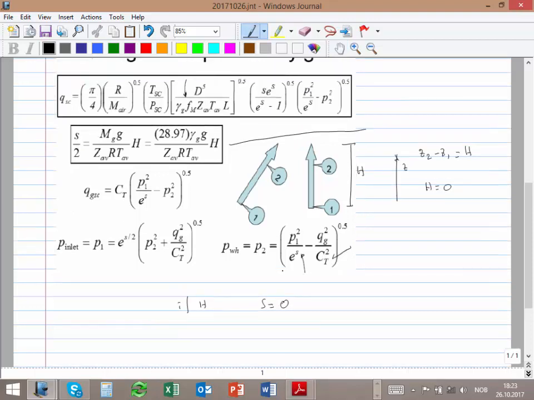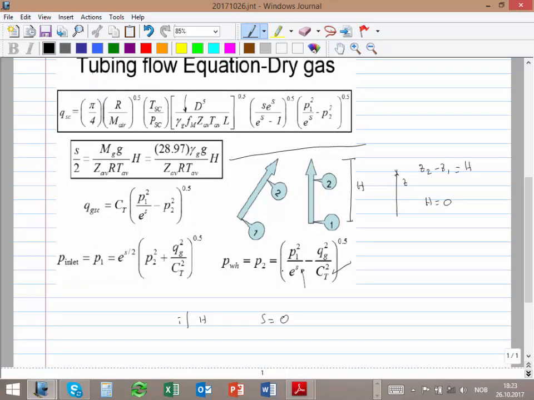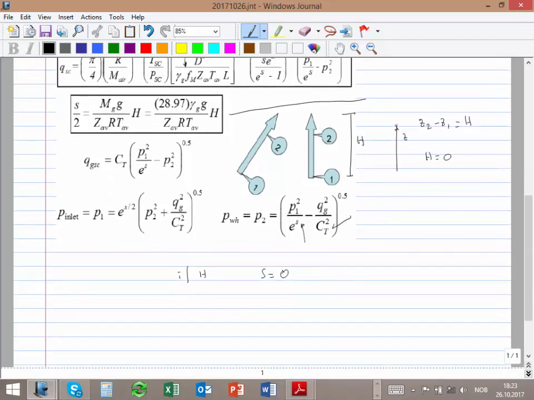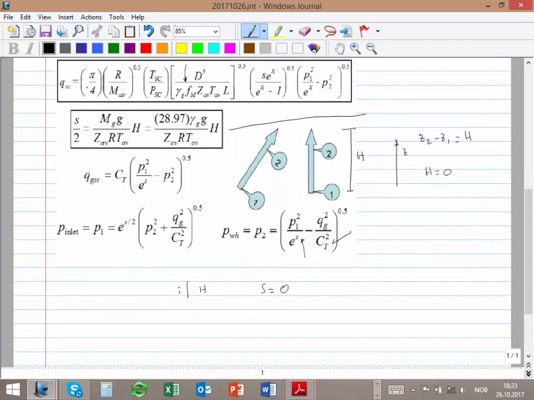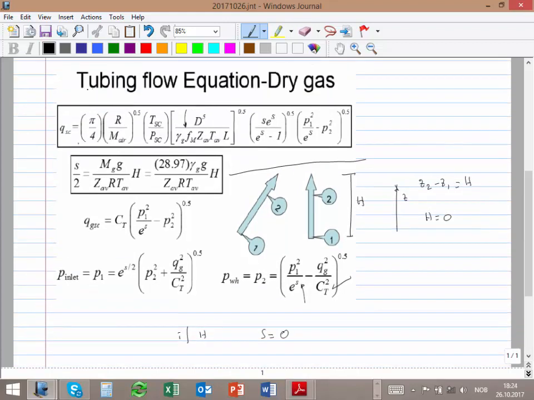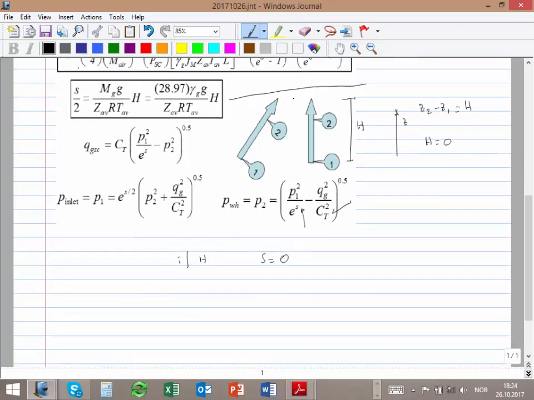Then what happens with my CT? My CT is all of these things that I have here. I'm going to write it again back to here.